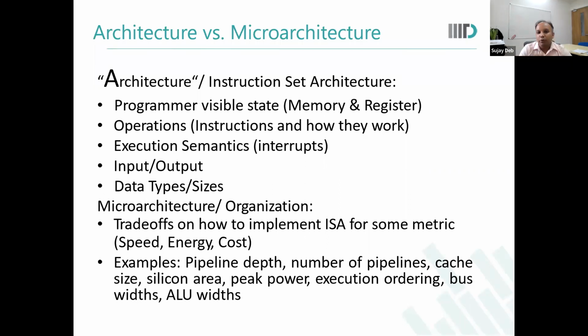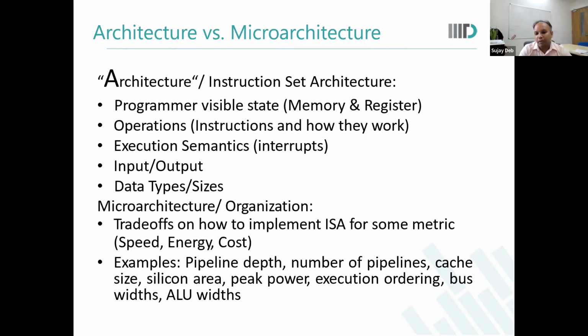Now another thing which is very important is that instruction set architecture does not change very frequently. It is something which is very static. Very rarely will you see a change in instruction set architecture. It provides information like how much memory I can assume.